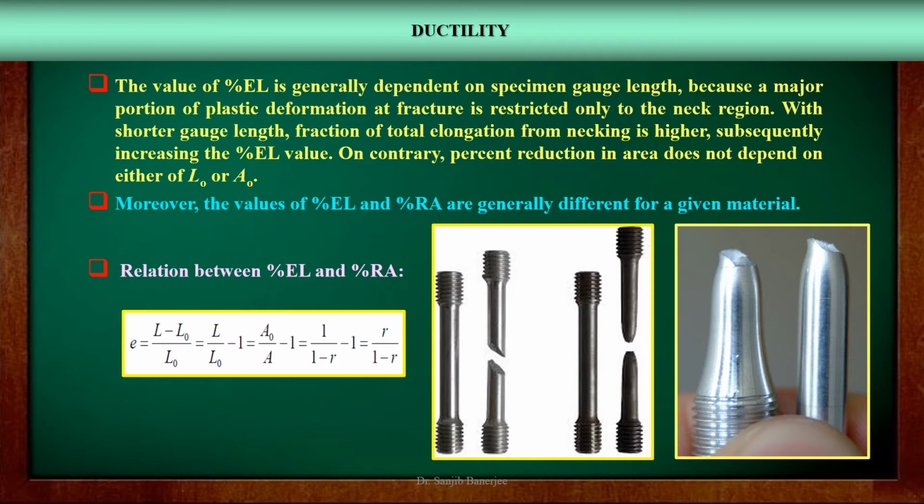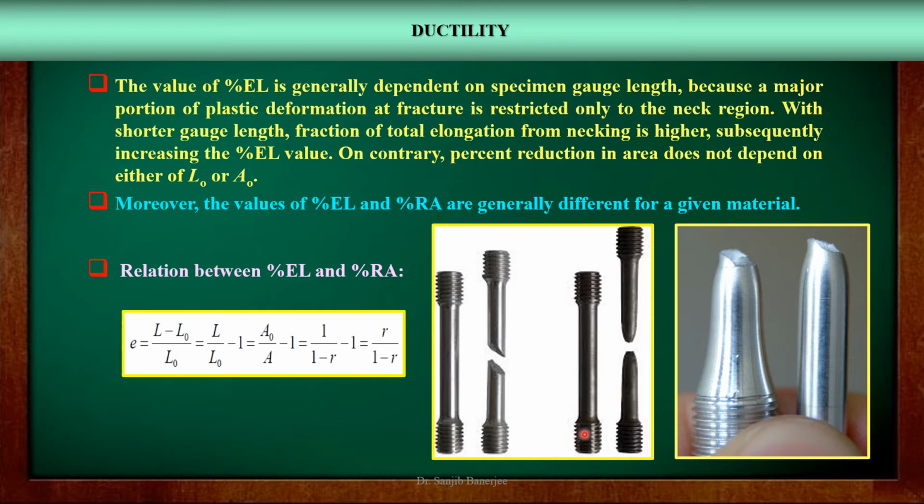The significance of percentage reduction in area is evident from these figures. We can see that this is a tensile specimen of a comparatively brittle material, and this is another tensile specimen of a comparatively ductile material.